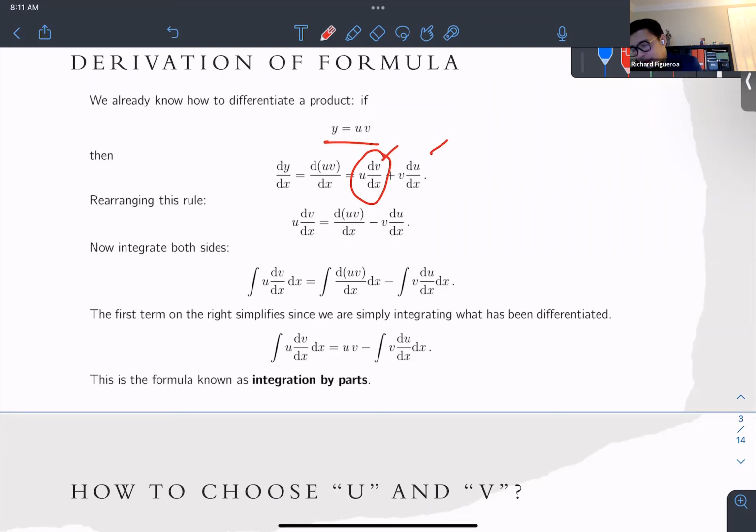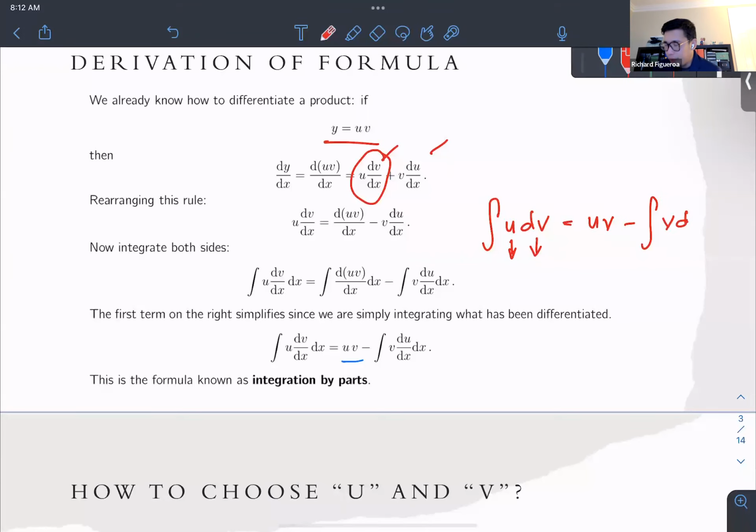So the integral of the derivative of uv with respect to x is simply uv. In short, the formula for finding the integral of u dv: there are two functions in the integrand. One is designated as u and the other as dv. Then the formula is uv minus the integral of v du.